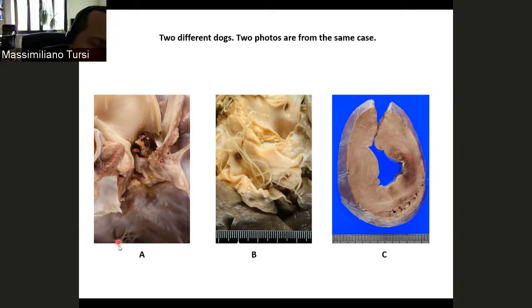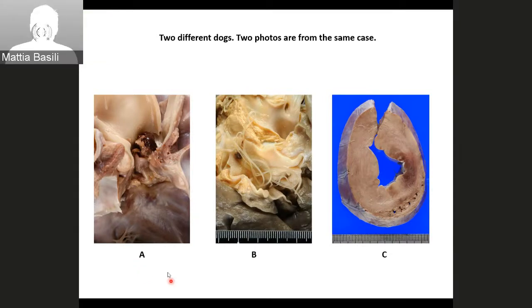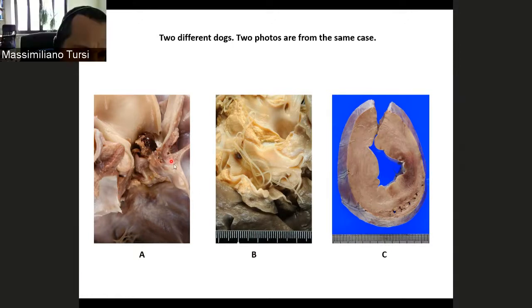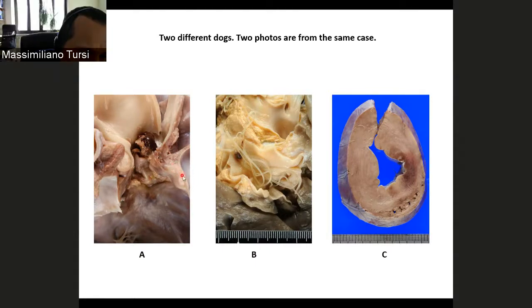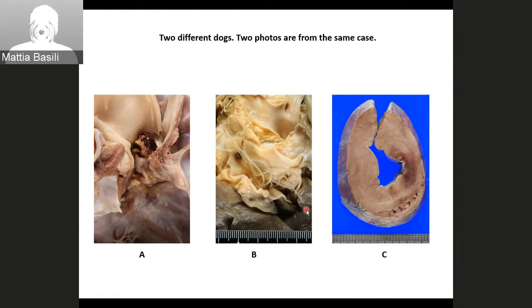No, that's not a real trabecula. But of course, look here and here, Mattia. If you think about the structure, it was the same anatomical structure here and here, so it was the origin of whatever vessel it was. So either the aortic base, so the outflow tract, that's the left outflow tract.